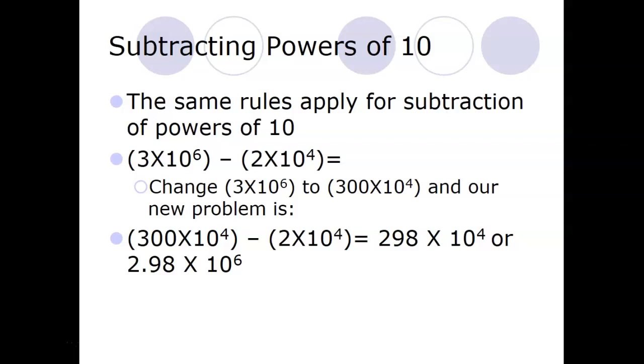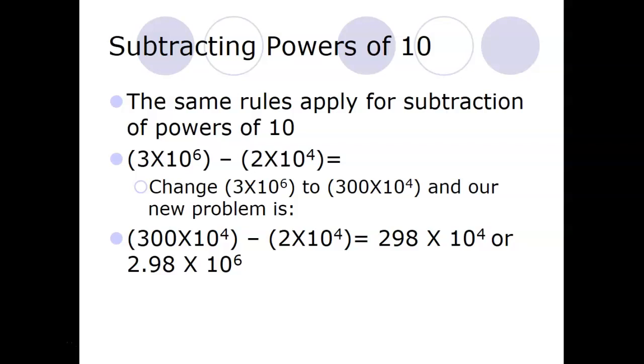So I have 3 times 10 to the 6th. I'm subtracting 2 times 10 to the 4th. Before I ever start messing with those exponents, what should I probably do first? Write it out.